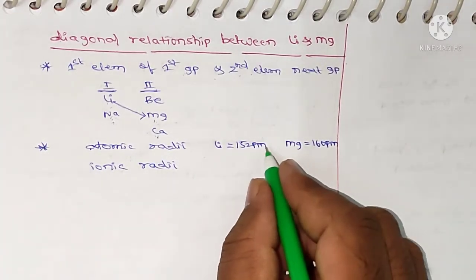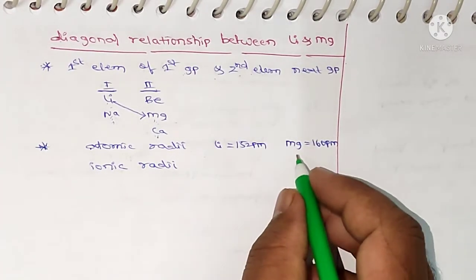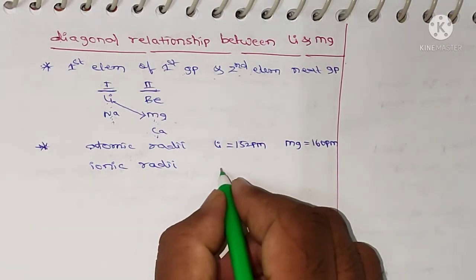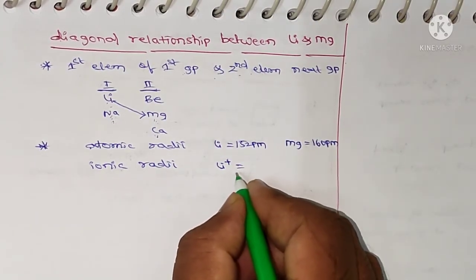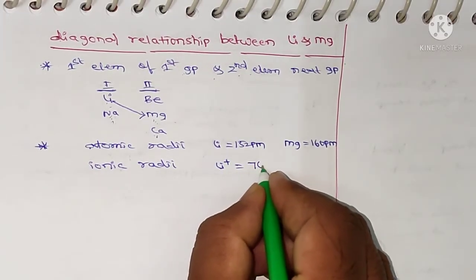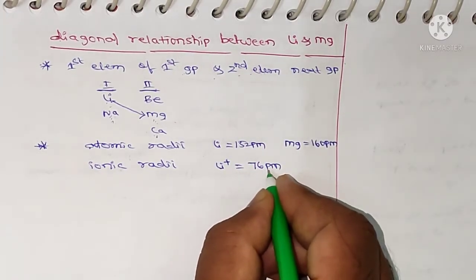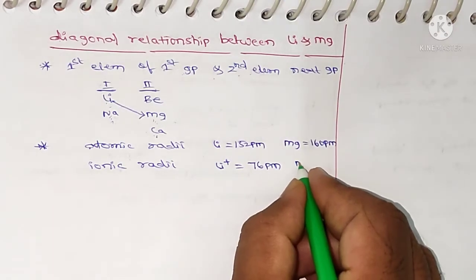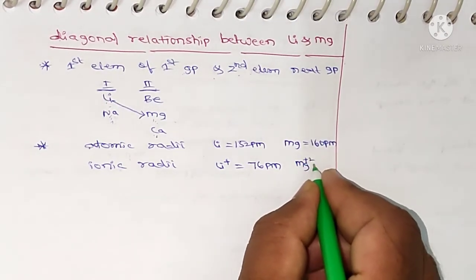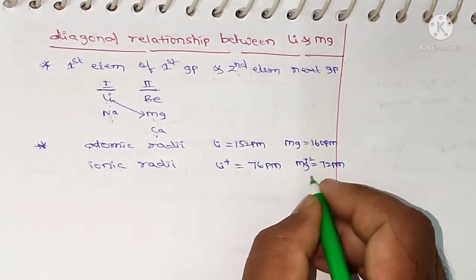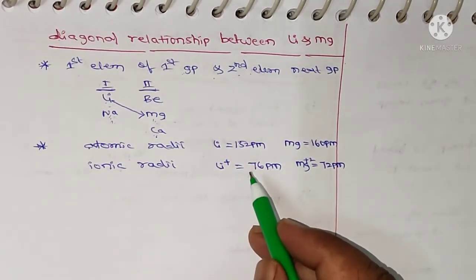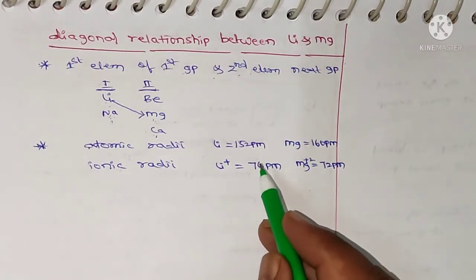Approximately similar atomic radii. And ionic radii, so here I am taking lithium plus ionic radius 76 picometer and magnesium plus 2 ionic radius is 72 picometers. So lithium and magnesium have approximately the same size.